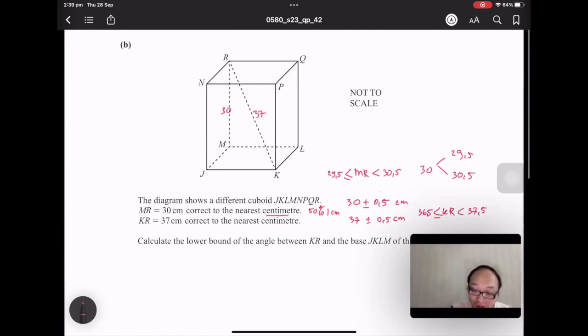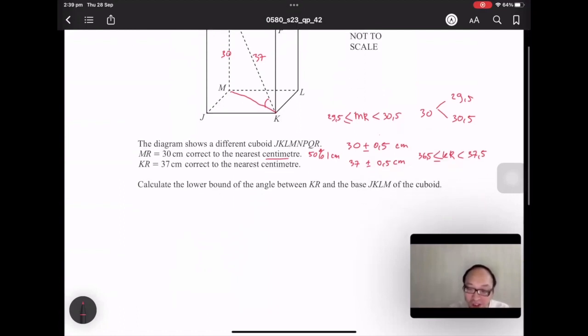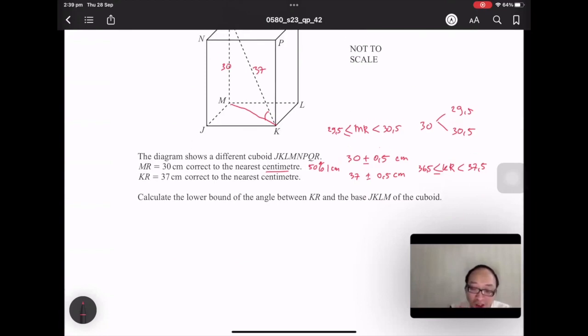So we have to find this angle. Connect the MK; MK is the line on the base. The projection of KR on the base is MK. So to find the angle between KR and the base, we can use sine.